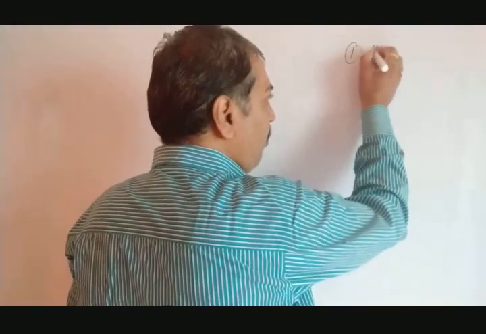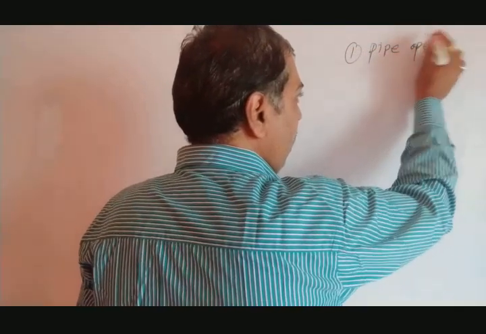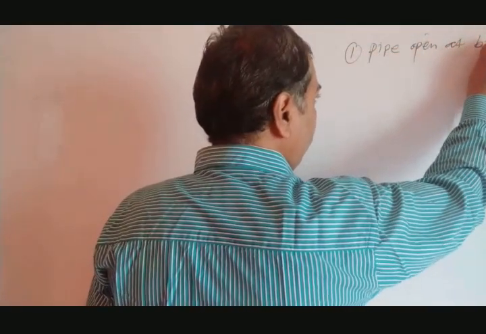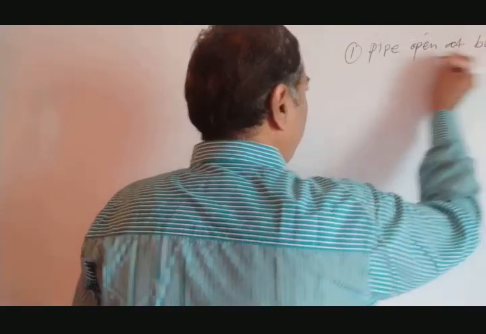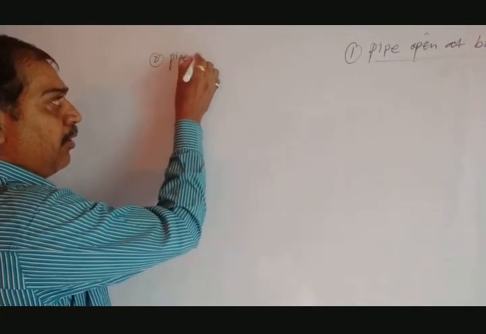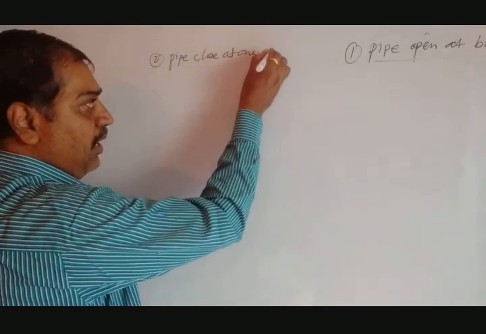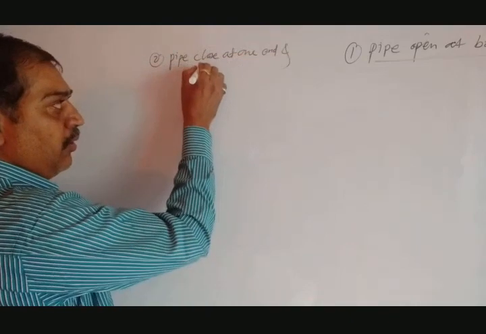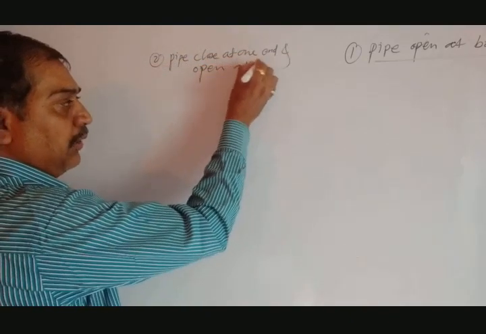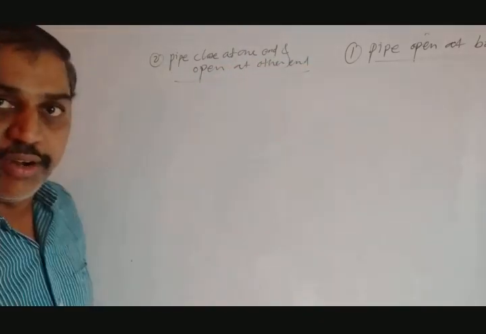The two formulas are for two cases. One, pipe open at both ends. Second, pipe closed at one end and open at the other end. So these are the two cases that we have already learned.